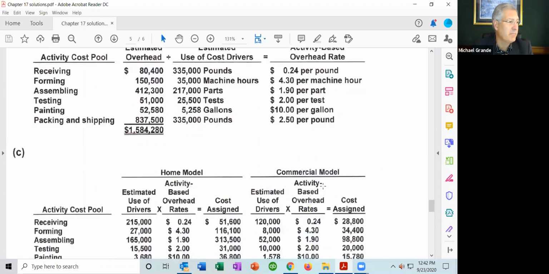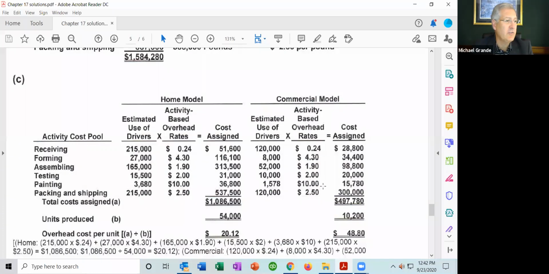Item C asks you to allocate, to assign cost between the two products. And again, now you need to know what the activity is for each product. Again, this information is given to you.